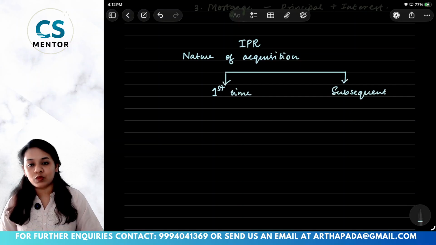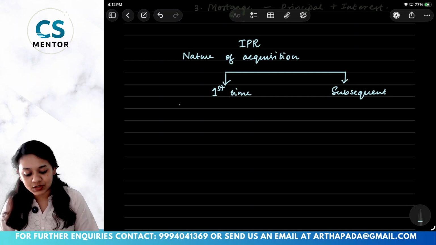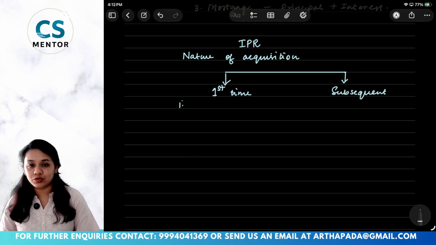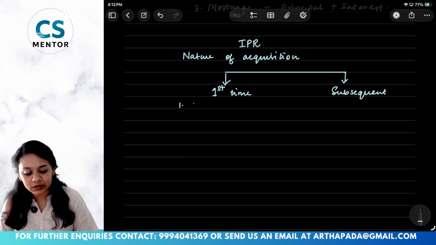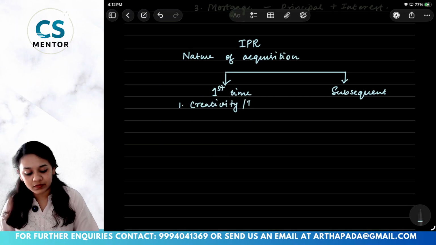The first time that you are acquiring an intellectual property right, it has to be acquired through the creativity of a person, or through their invention, or through what we call first use.